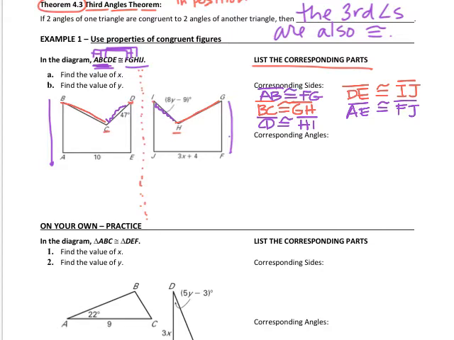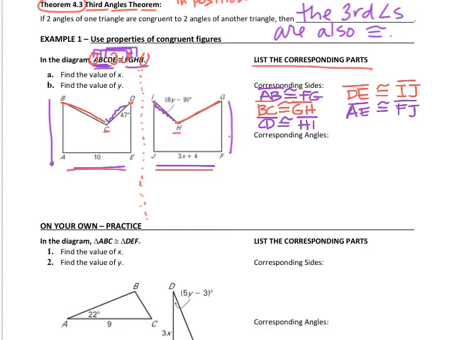So FJ and AE are those bottom sides. And if you didn't notice already, in the name, J is the last letter, F is the first letter, and that makes up that side. And AE, the first and last letter in the names up there, also make up the last side.